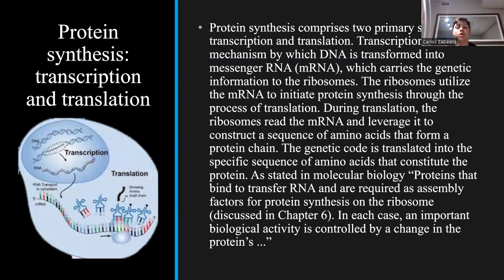The ribosomes utilize the mRNA to initiate protein synthesis through the process of translation. During translation, the ribosomes read the mRNA to construct a sequence of amino acids that form a protein chain. The genetic code is translated into a specific sequence of amino acids that constitute the protein.